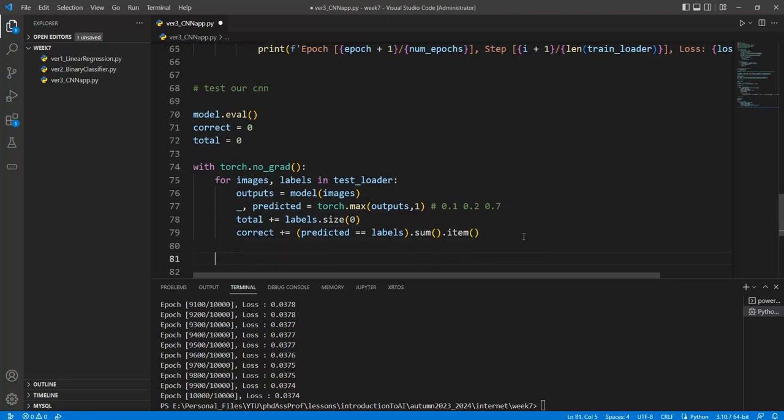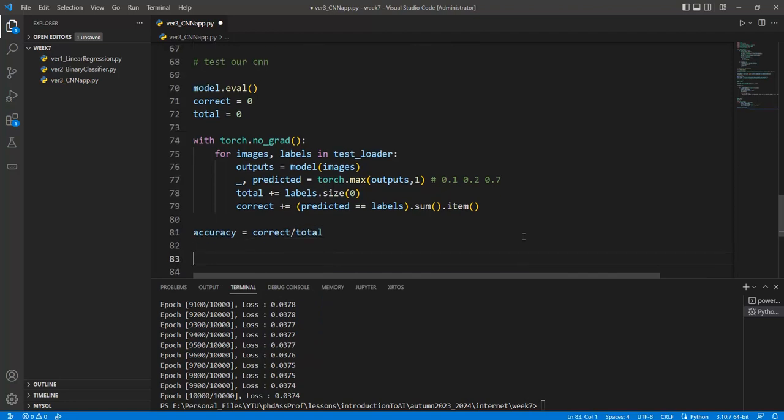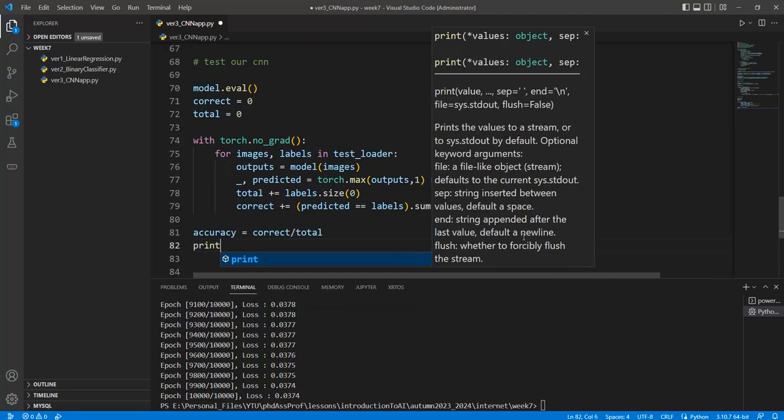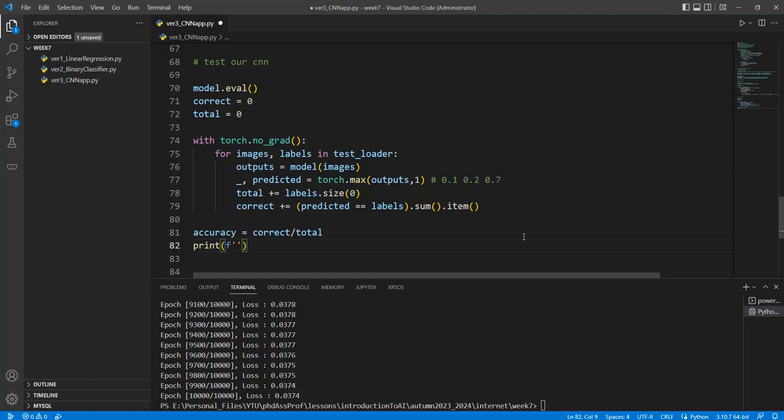Okay, and after that the accuracy value of this term is calculated with the correct divided by total. Okay, and also we can give the f test accuracy, which is given with the accuracy value times 100 .2f, okay, percentage, right?